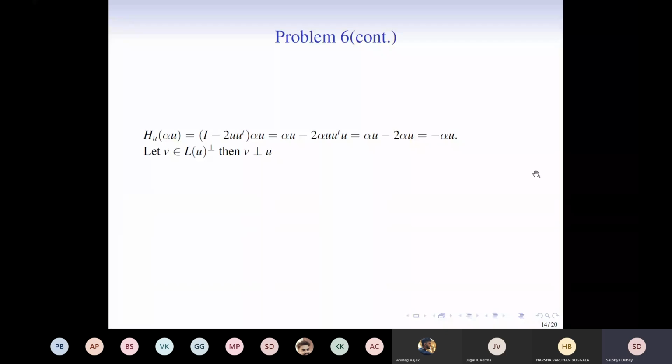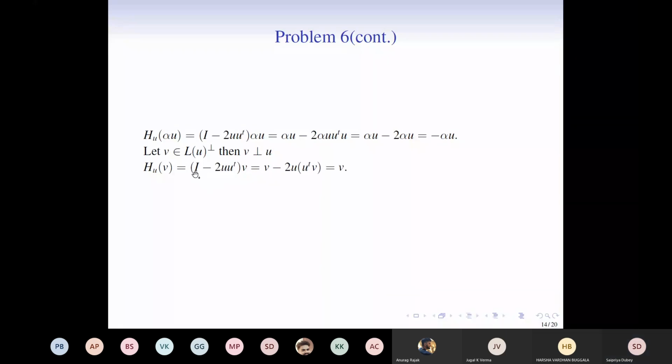Next, we have to find out how HU acts on the vectors which are perpendicular to U. So V is perpendicular to U. HU of V would then be this.